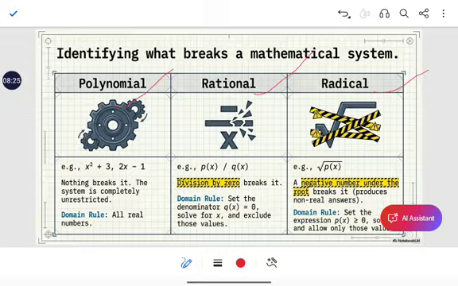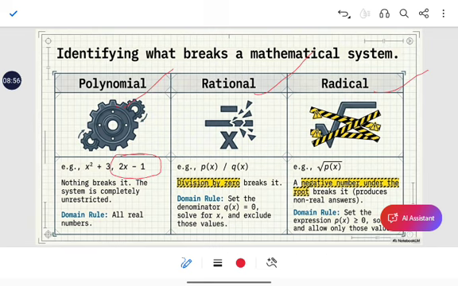No value of x can make this function undefined. The system is completely unrestricted. All real numbers: every number you put in place of x will give you another real number.